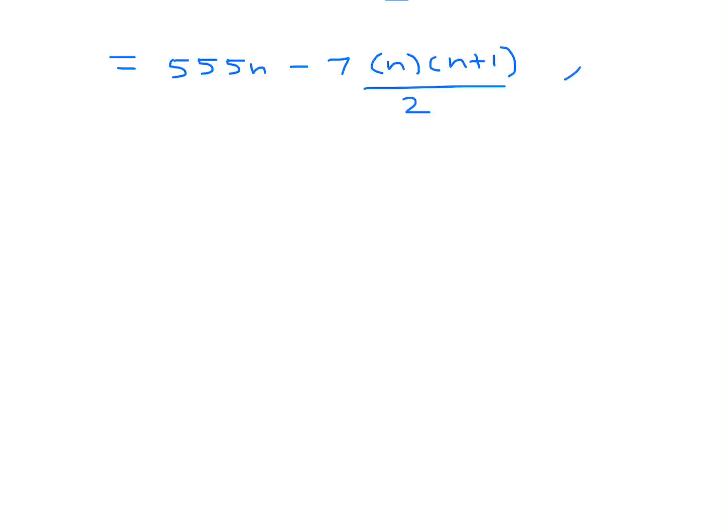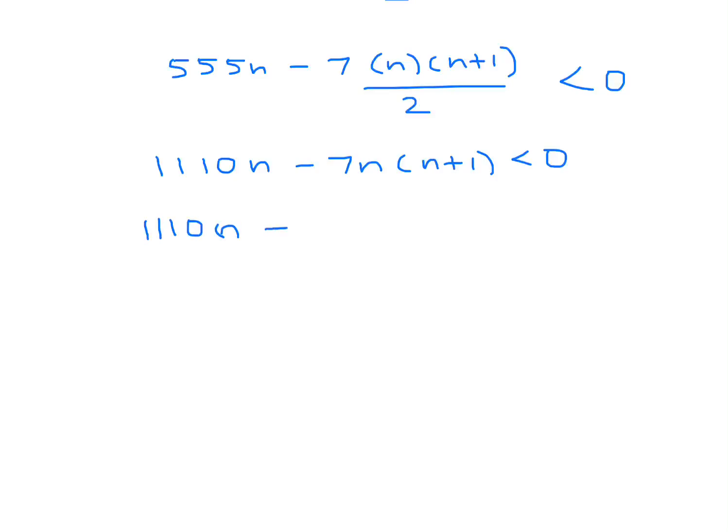So we can set this less than 0, like that. And let's solve for n. So the first thing I'll do is I'll multiply through by 2 to get rid of the fraction. So this will become 1110n minus 7n times n plus 1 less than 0.